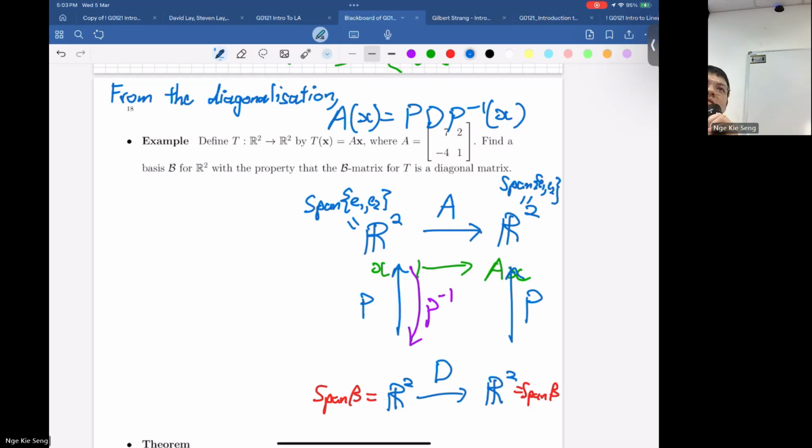Yeah, this one is actually a very important question. A lot of students get confused. Anything else? Any other questions? Can you make sense of this square here?